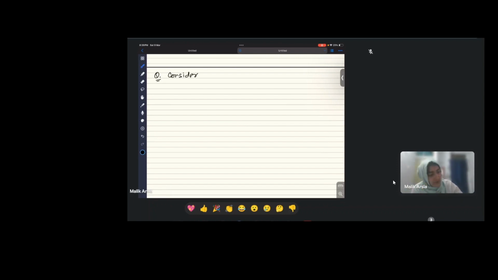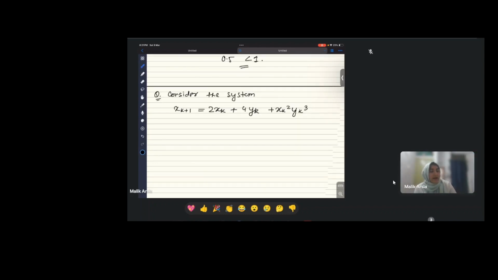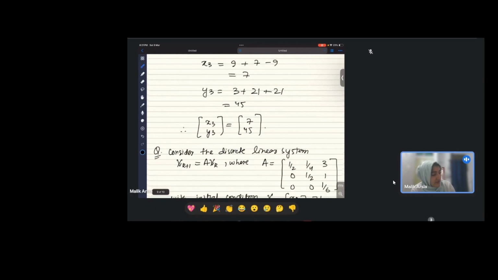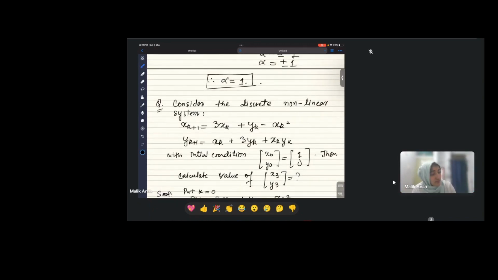Consider the system x_{k+1} equals 2x_k plus 4y_k plus x_k squared y_k cubed, and y_{k+1} equals minus x_k plus 2y_k squared plus 3x_k y_k. We discussed the previous question here, right? That was similar, and here also it is a non-linear system.